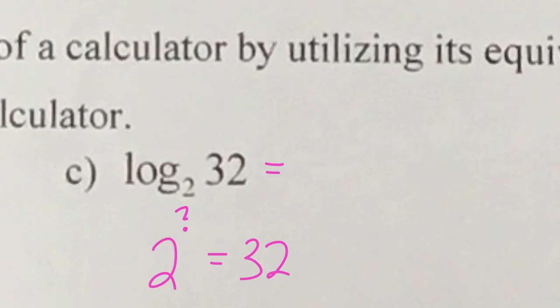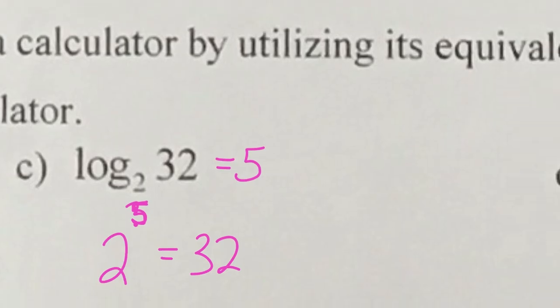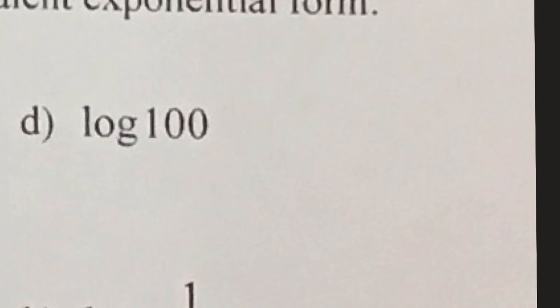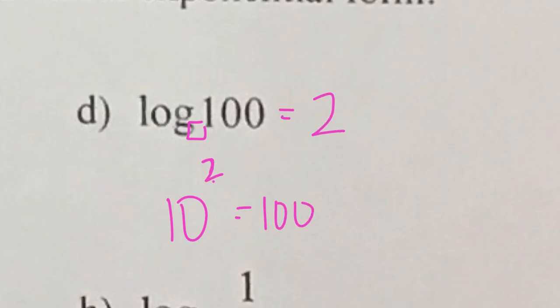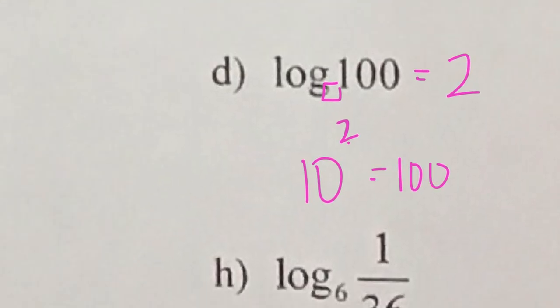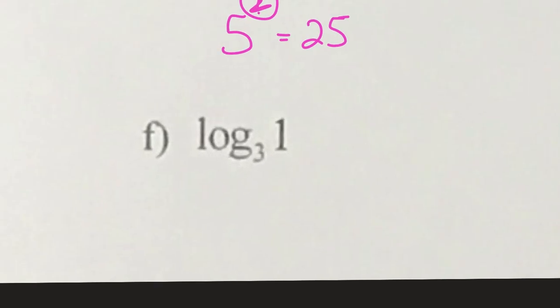The answer is 5 of them. So my answer is the exponent. 2 to the 5th power equals 32. What's my base here? 10. So 10 to what power equals 100? 10 squared. There are lots of ways that we could write a 2, because anytime we're having a power that's being squared, the answer is 2.